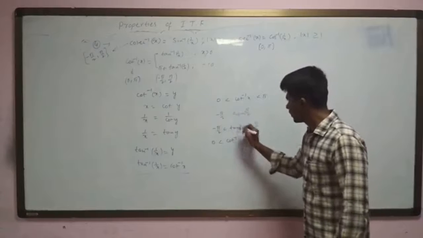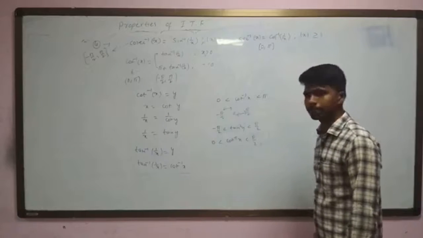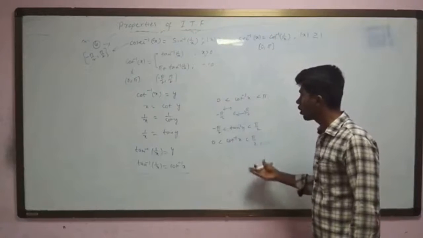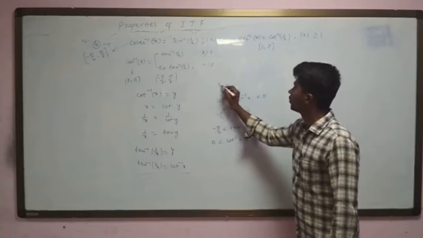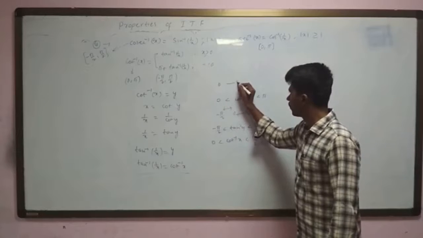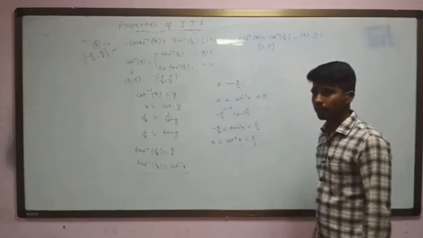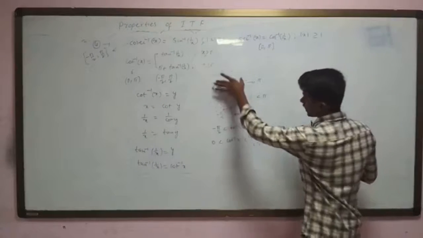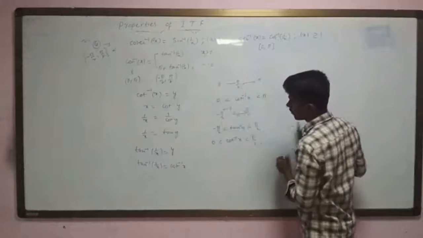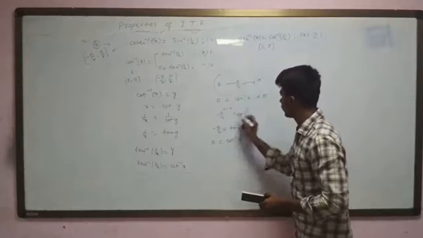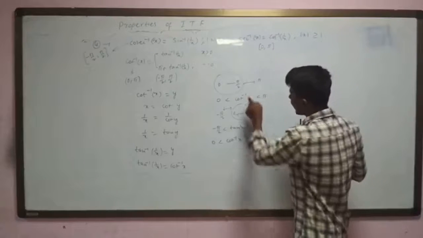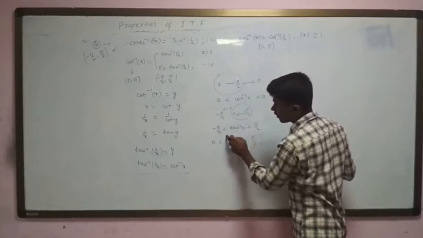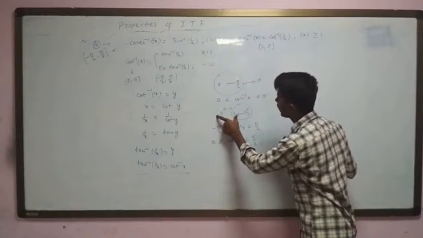So we need to get this particular part, minus pi by 2 to 0. And in cot we have 0 to pi: from 0 to pi by 2, and then from pi by 2 to pi. So the first part, 0 to pi by 2, got over. I have to convert this pi by 2 to pi in terms of minus pi by 2 to 0. How can I convert?